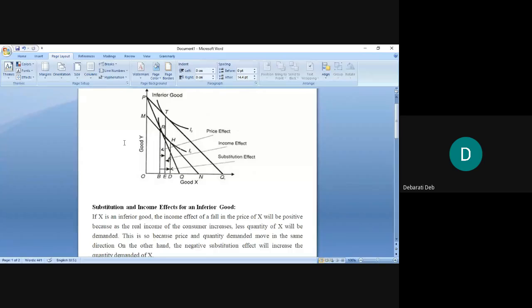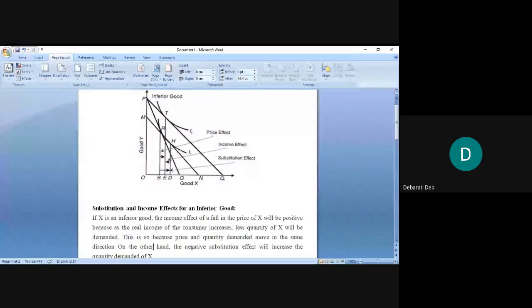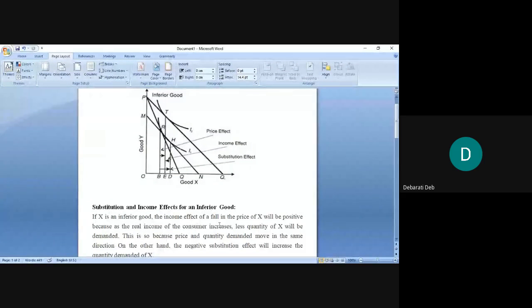Now, if x is an inferior good, the income effect of a fall in the price of good x will be positive, because as the real income of the consumer increases, less quantity of x will be demanded.